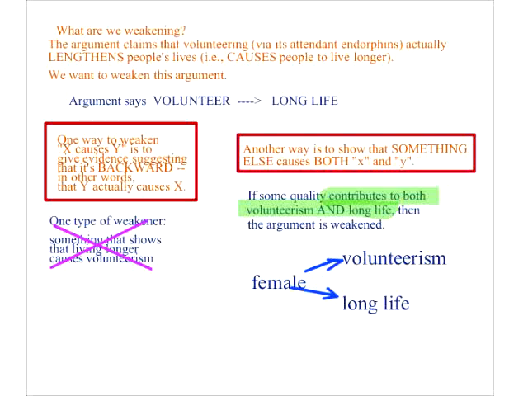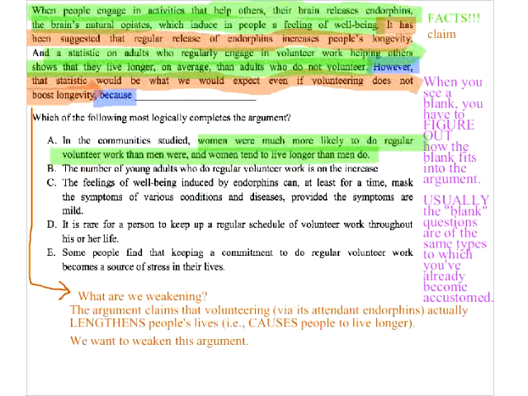Okay, so we are not showing this right here. All right. The most popular wrong answer to this question was C, so let's just talk about why C is wrong.